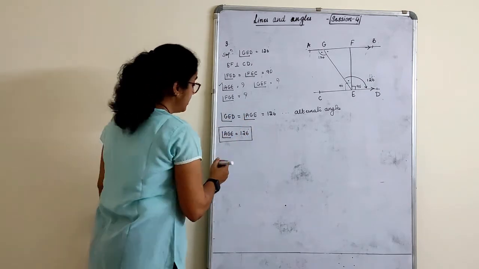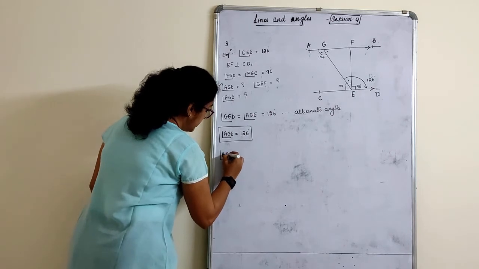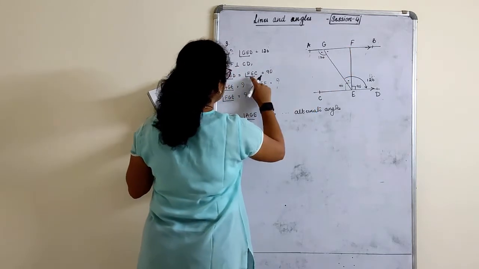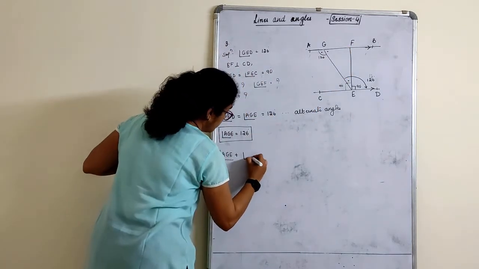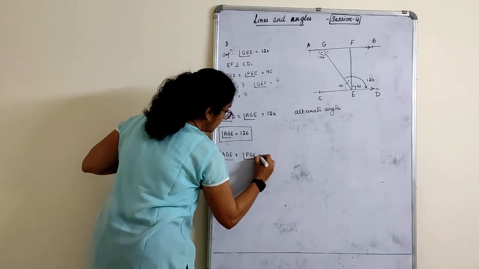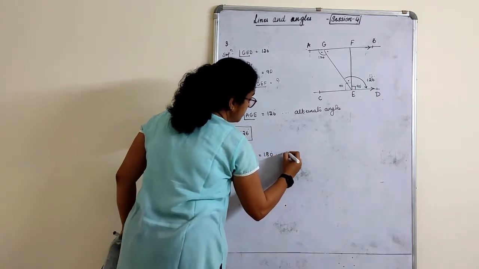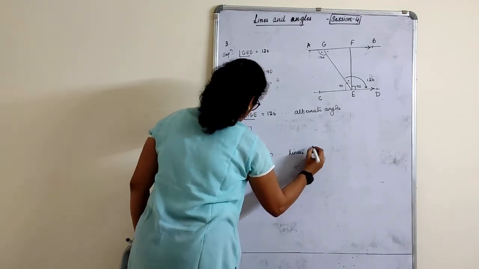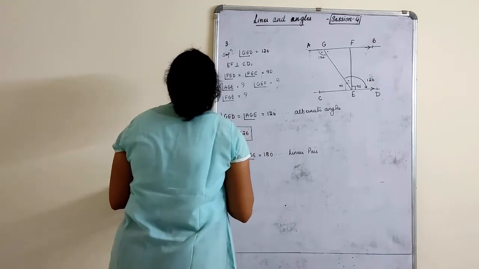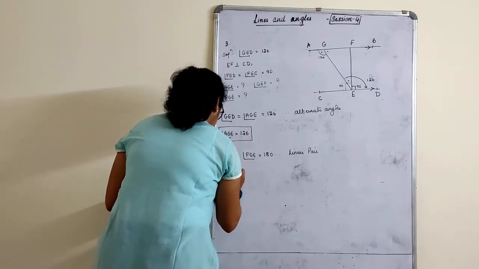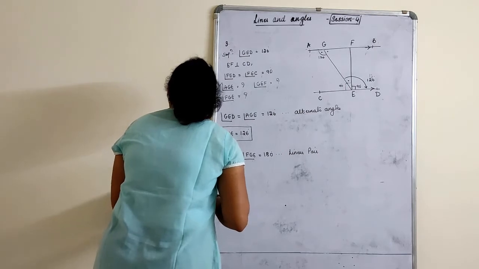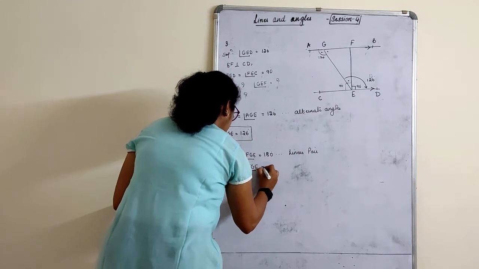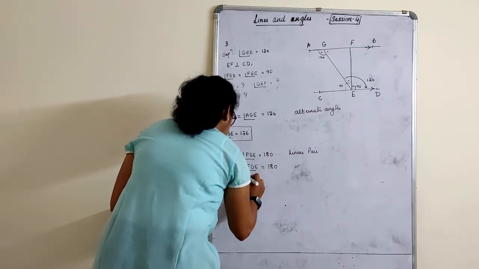Next part. Angle AGE plus angle FGE is equal to 180. Reason: linear pair. So this is 126 plus angle FGE is equal to 180 degrees.